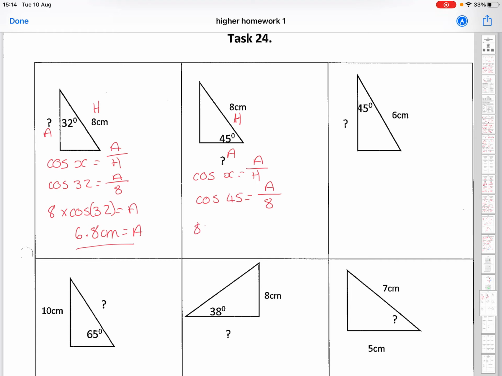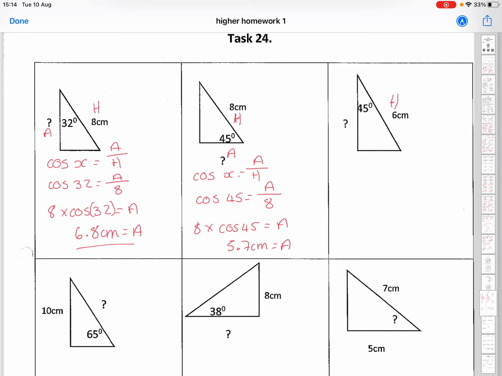Oh, I thought it was going to be the same as the last one, but the angle's different, isn't it? So the thing we're trying to find is up top, so we're going to times, so we're doing 8 times cos of 45, gives our adjacent, which is 5.7 centimetres, to get our length A.